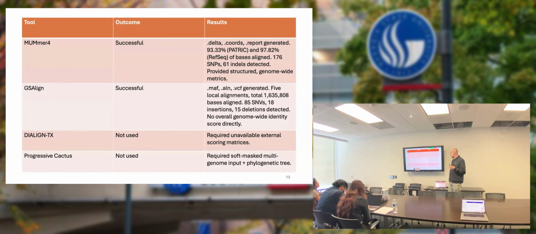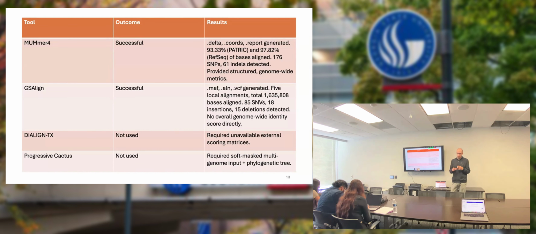I couldn't use these two because they required something else besides the genomes. They required external scoring matrices and some soft masked input and phylogenetic tree, which I don't have. But for these two, for Mummer and GS Align, I was able to generate some results.